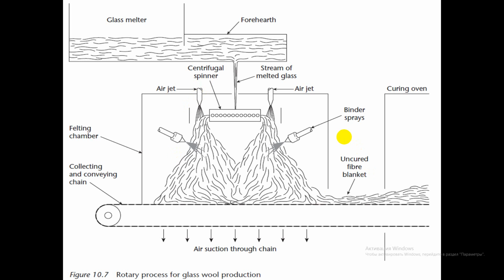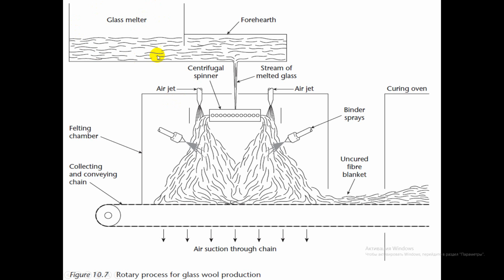Air is a poor conductor of heat, and so the wool acts as a glass-air composite and provides good thermal insulation. It's easy and convenient to apply inside buildings, roof structures, etc.